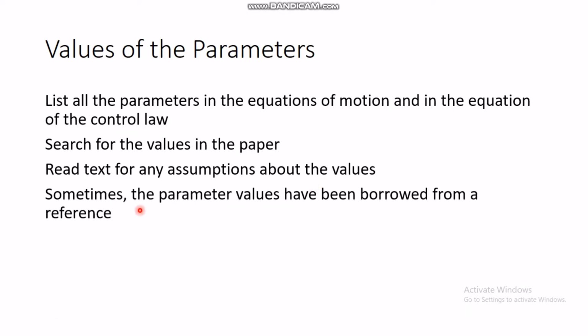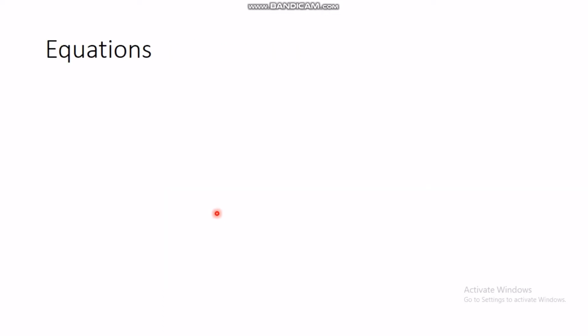Then sometimes the parameter values have been borrowed from a reference, so you have to be careful whether they have provided all the parameter values, or sometimes the author would just say that we have used the parameter values of such and such reference paper.